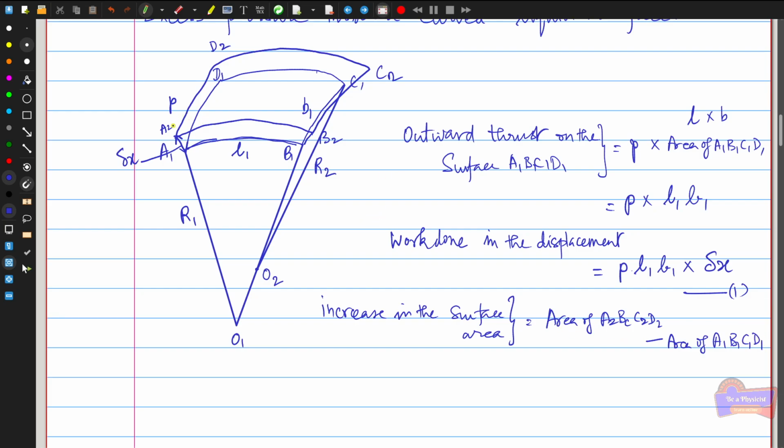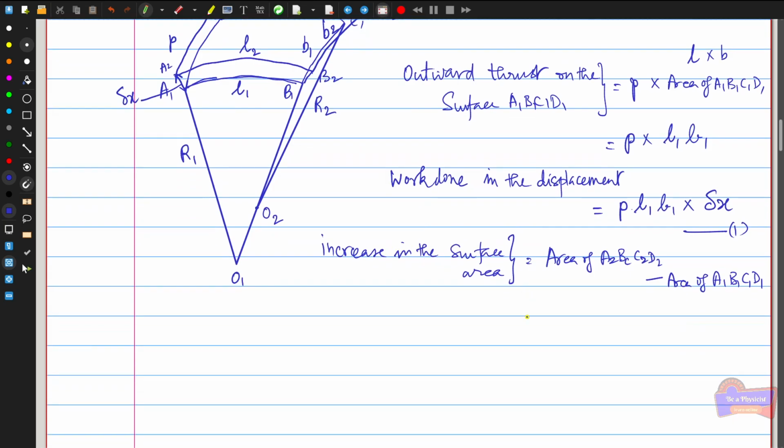Suppose you consider this length is now changed to L2 and this is taken as B2. Then I can find the increase in the area of the surface, which is L2 into B2 minus L1 into B1. That is the increase in the surface area.